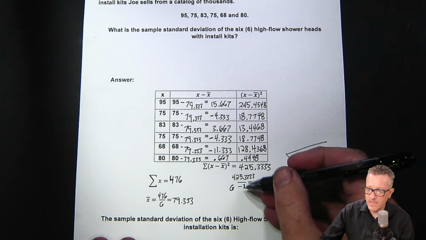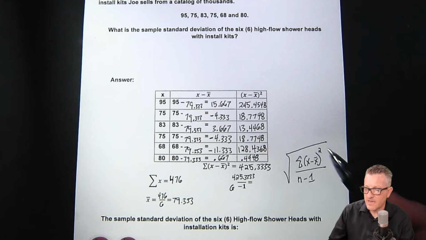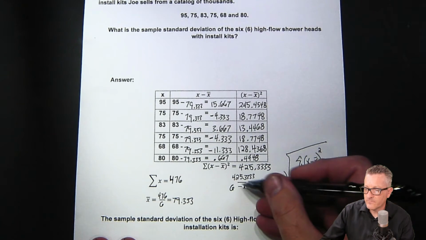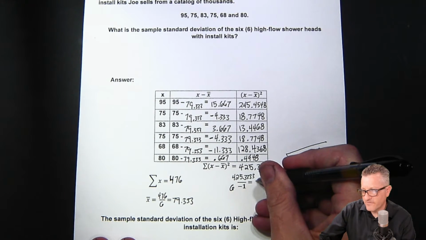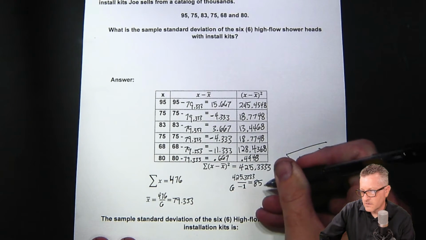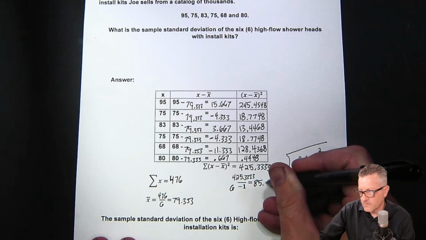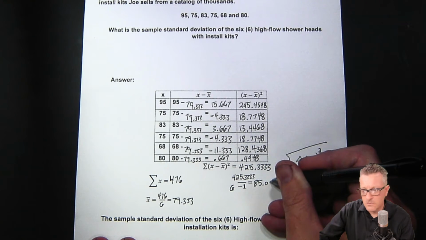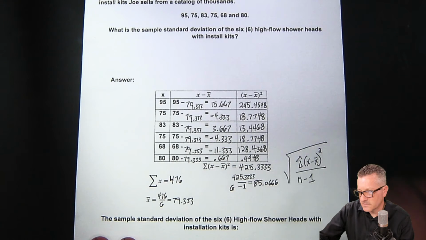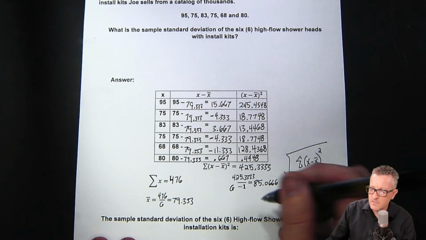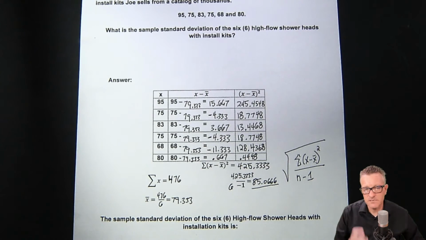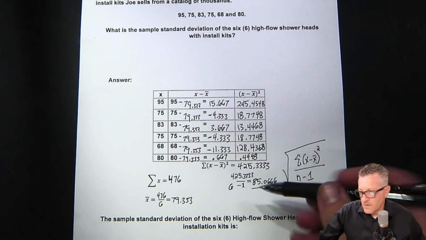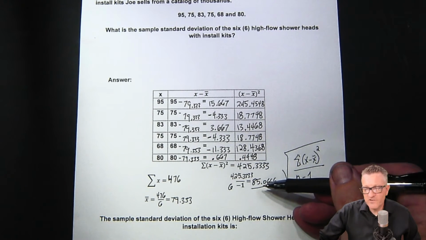And then we divide this out, and we end up with about 85.0666. Okay. So this number right here, 85.0666, not a good number, is it? So this is actually our variance.